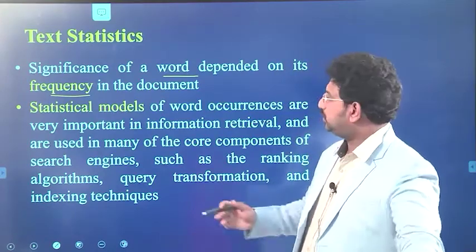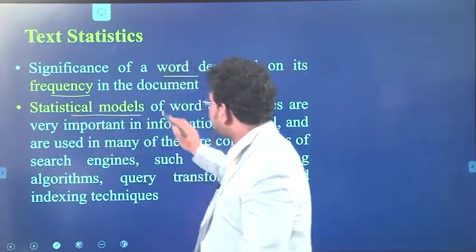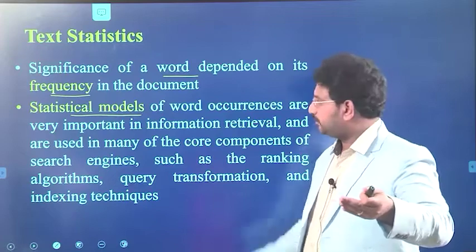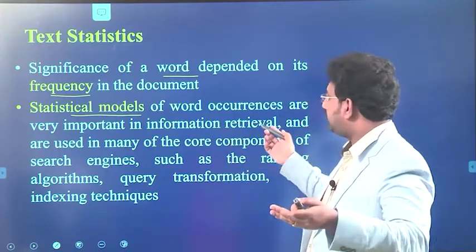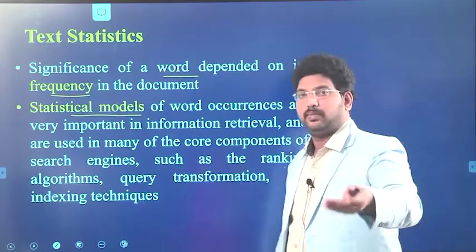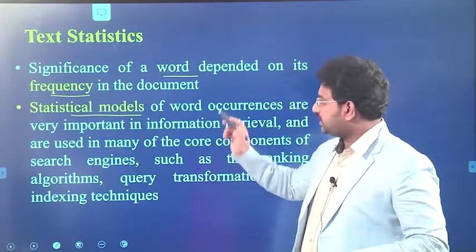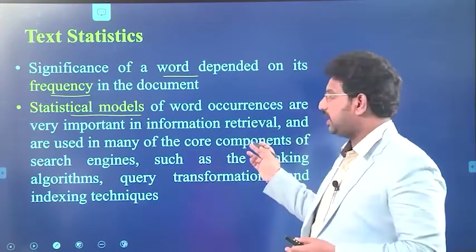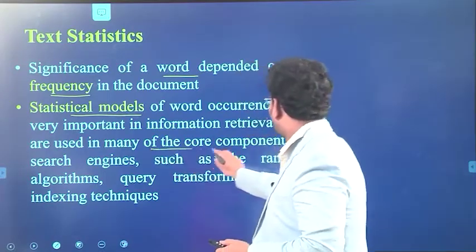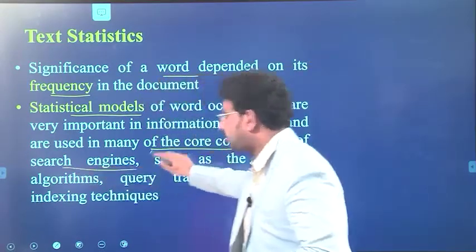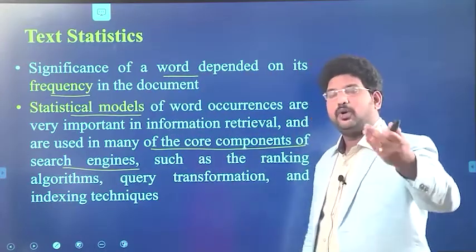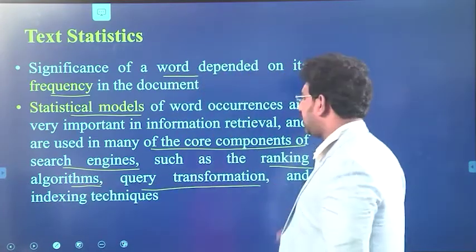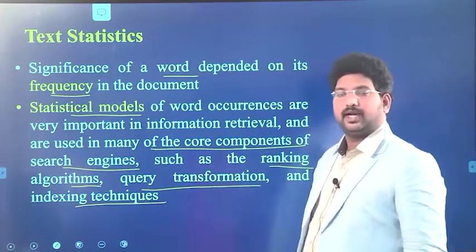And when you observe, there are many statistical models. Statistical models of word occurrences are very important in information retrieval, and are used in many of the core components of search engines, such as ranking algorithms, query transformation, and indexing techniques.